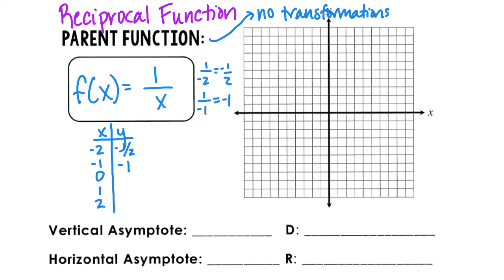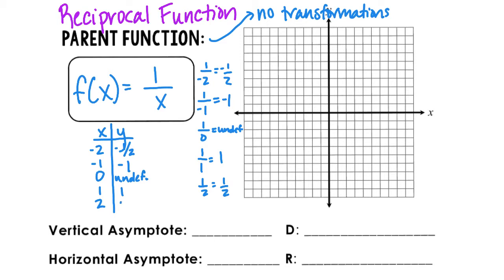If we substitute 0 in for x, we get undefined, because you can never have a 0 on the denominator. If we substitute 1 in for x, we get 1. And then if we substitute 2 in for x, we get 1/2.